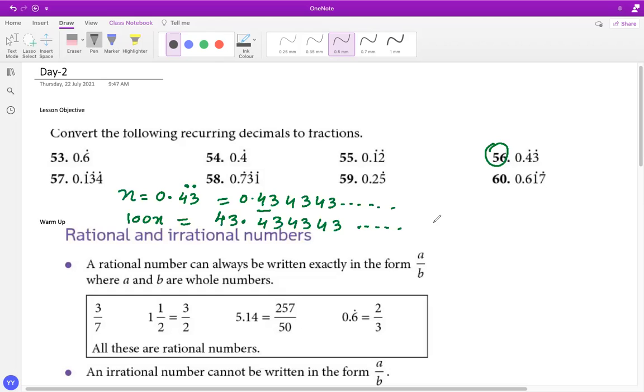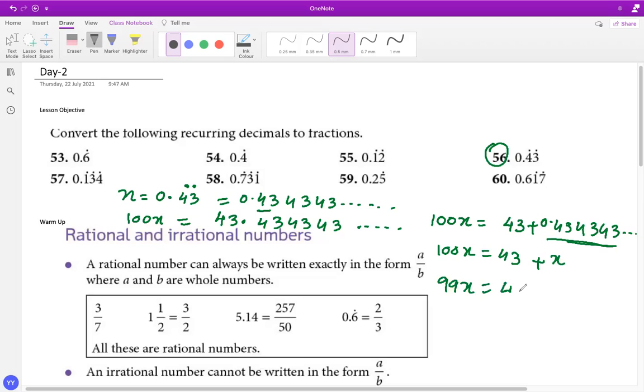Now I can take this as 100x equals 43 plus 0.434343 and so on. So we get 100x equals 43 plus x. Since we know that x is 0.43 recurring, we get 99x equals 43 and x is 43 over 99.